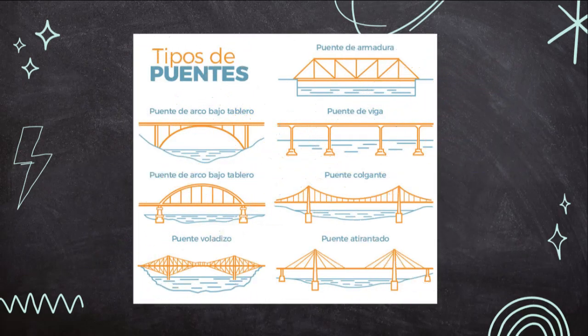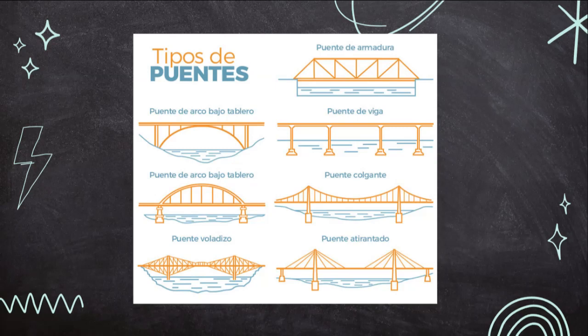As you can see in this image, there are many kinds of bridges. For example, suspension bridge, arcade bridge, beam bridge, and cable stayed bridge.